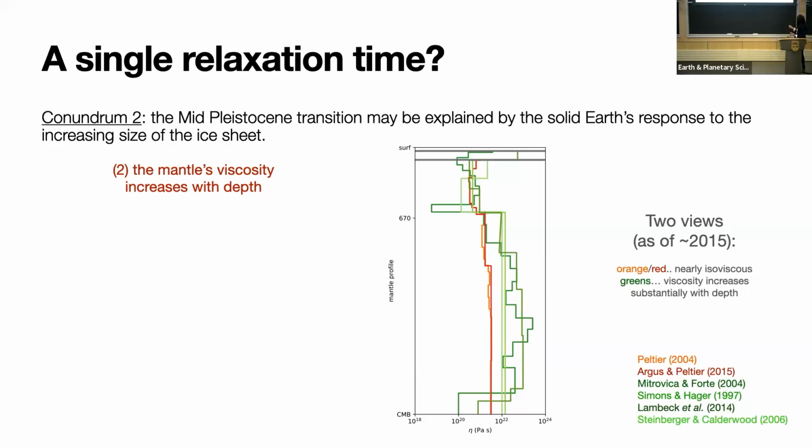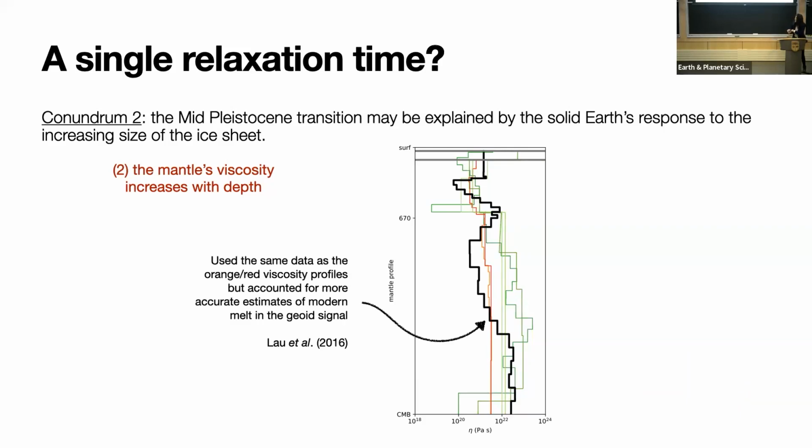And in 2015, that dichotomy lingered. But what we tried to do was use the same data set that inferred these isoviscous profiles, but we took one of the datums, specifically the geoid signal, and corrected it for the latest ideas in what we think contemporaneous ice melt was, because we only knew this from having many years of satellite data to tell us how ice was melting, because that contaminates this geoid signal that is crucial to the deep mantle viscosity signature.